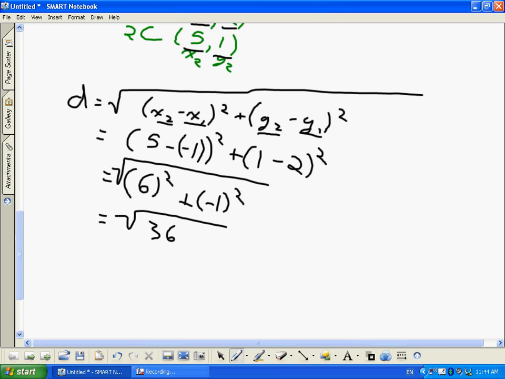This becomes 36 plus 1, which becomes the root of 37.